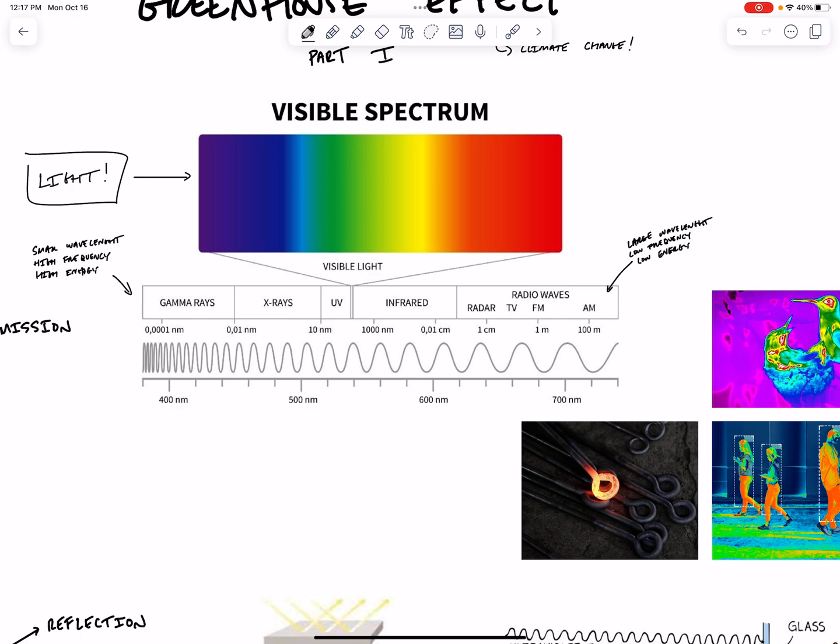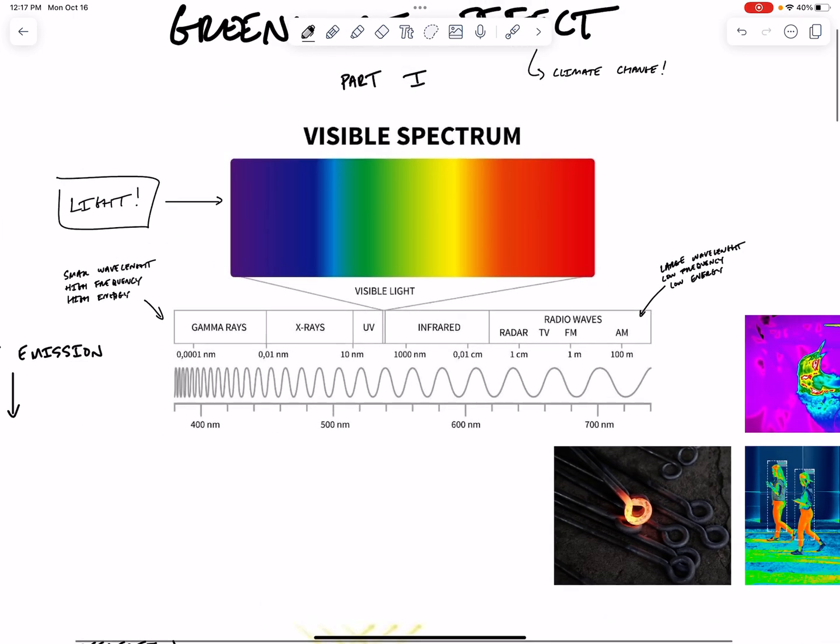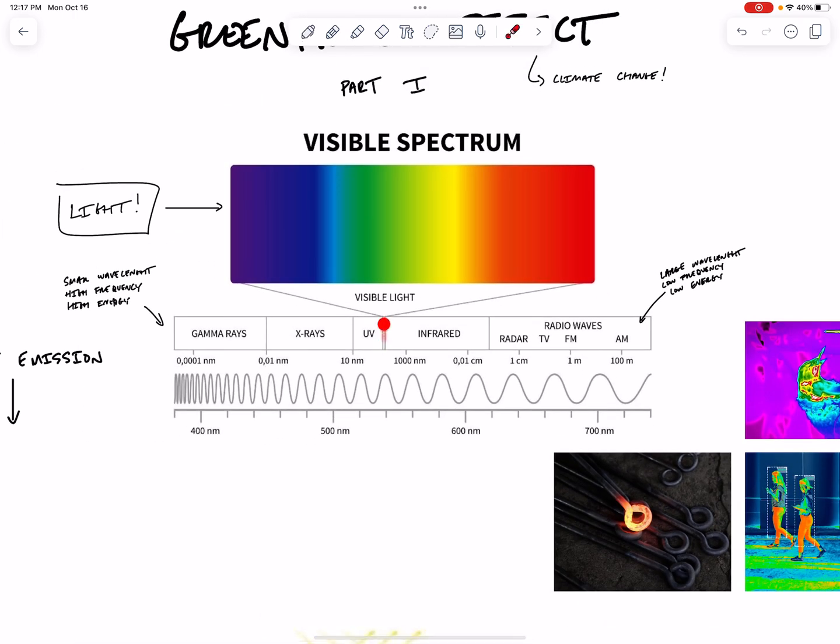Okay, and once again, the only light that we can see is this little band of the spectrum, but this entire spectrum goes all the way from gamma rays all the way down to radio waves. And as we move across the spectrum, the frequency, how many peaks occur over a time interval, and the wavelength, the distance between the crests or the troughs of the wave, increases as we move from here to here. And these waves lose energy.